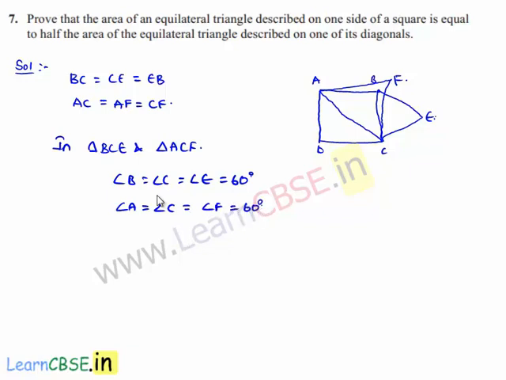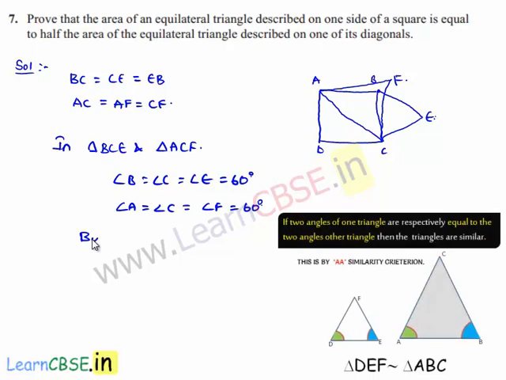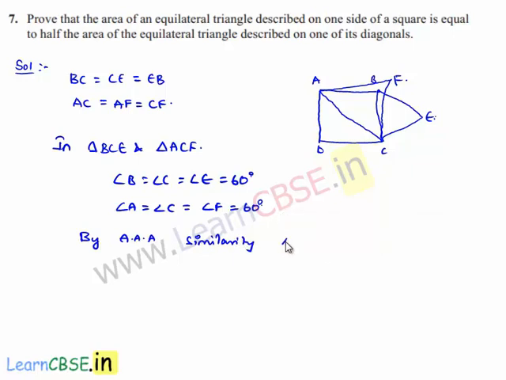So, as the corresponding angles, that are all the three angles of the two triangles, are equal, by AAA similarity, we can say triangle BCE is similar to triangle ACF.